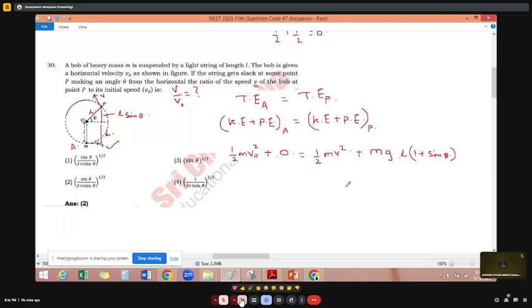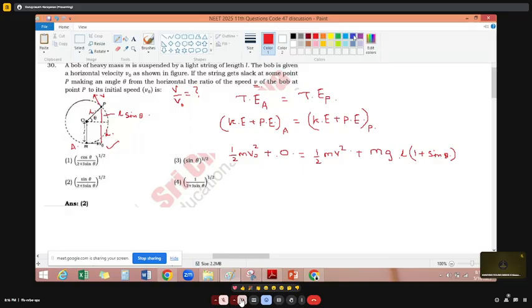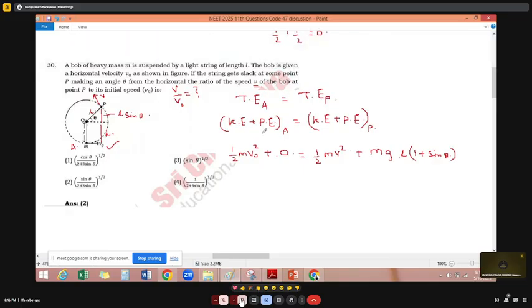So here you can do the standard simplification. m will get cancelled out. There is a 1 by 2 on one side and none on the other, so multiply by 2 everywhere. So 1 by 2 will go away and multiply by 2 here.